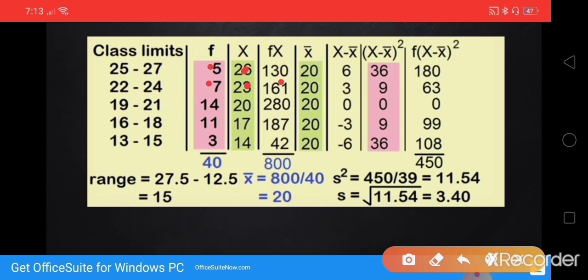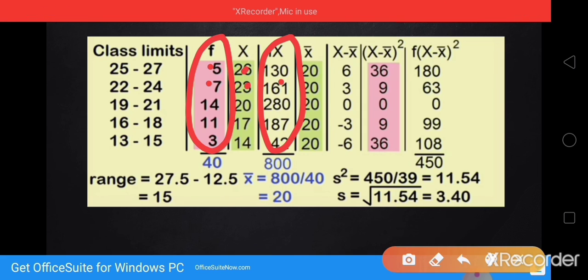For the sample mean, you divide the total of frequency times class mark by the total frequency, 40, and you put the 20 as the sample mean.